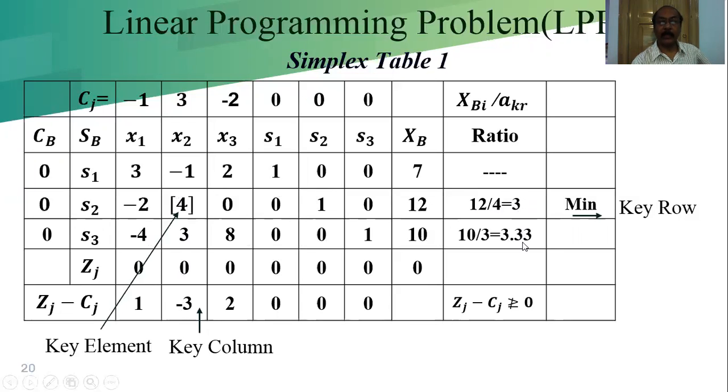Comparing 3 and 3.33, 3 is the minimum, so we write it in the minimum ratio column. That's why S2 is the departing variable, corresponding to the second row, so this is the key row. The second column, corresponding to x2, is our key column. The intersection of these, 4, is our key element.